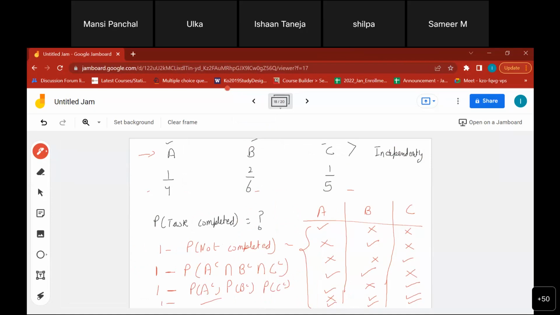Why can't we simply take the probability of A union B union C? Yes, you can do it.